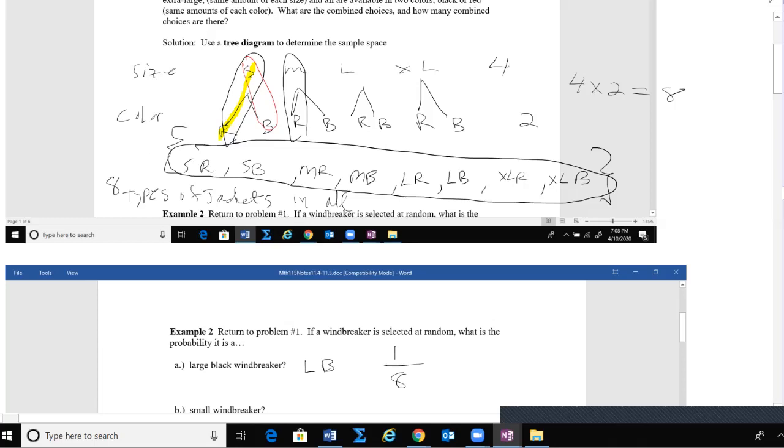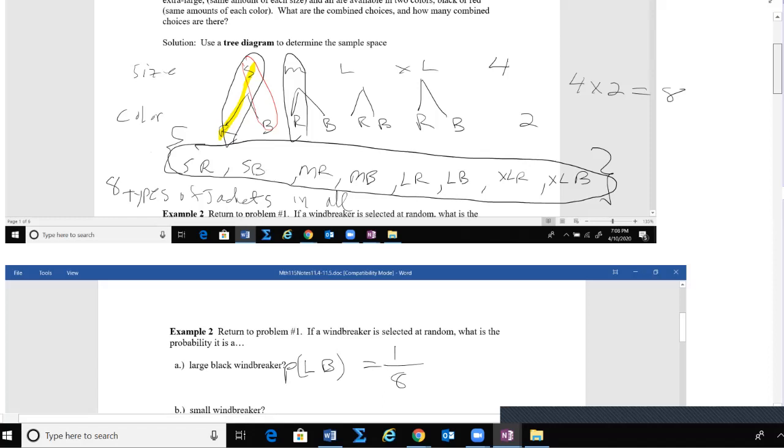Okay, so let's say that probability of LB is 1/8. So that's how you can use that tree to construct a sample space, and that gets you to be able to answer those questions about your probabilities.